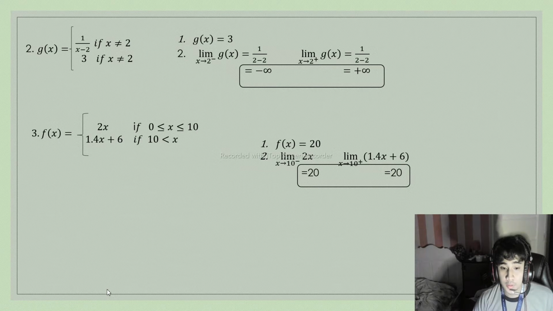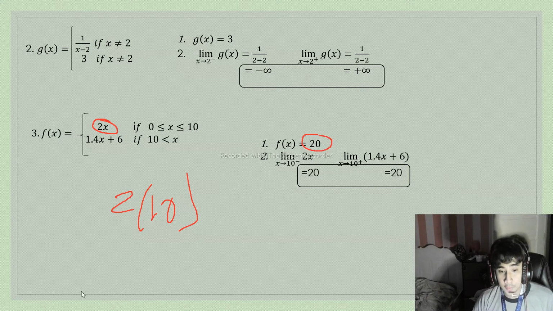So first we need to find the f of 10. So, f of 10, we need to use this function. So, 2 times 10 is equal to 20. And our f of 10 is equal to 20.